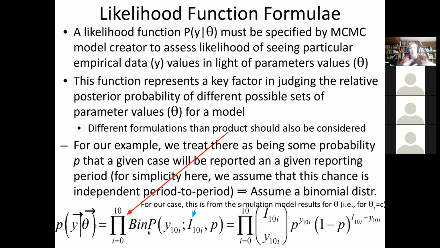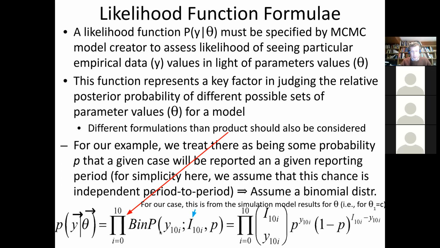So when we say compare, this is where the comparison is taking place, between this stochastic process, flipping coins 100 times, and the empirical data. That's the comparison.